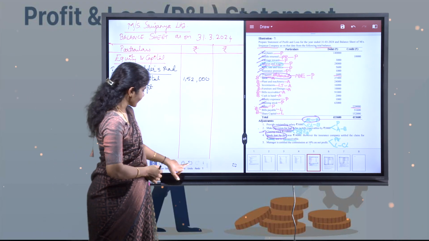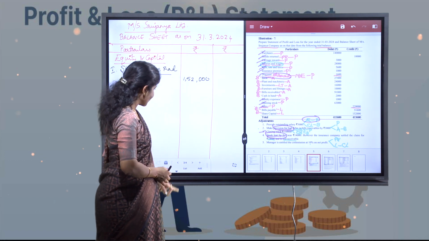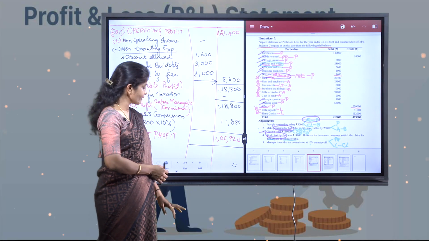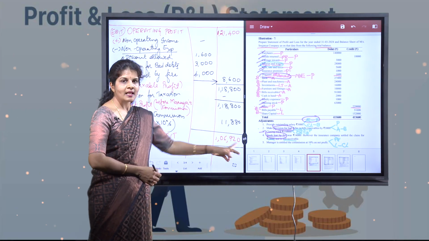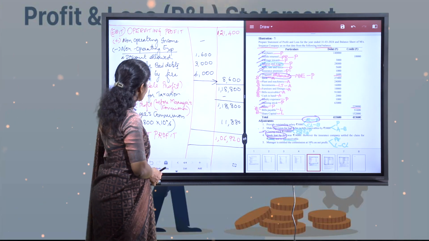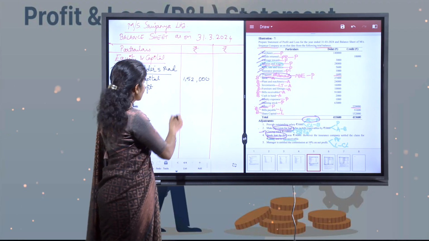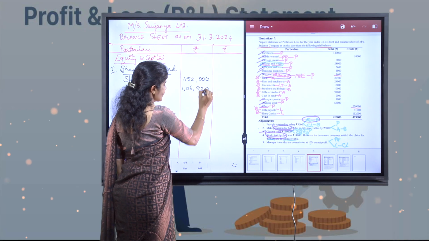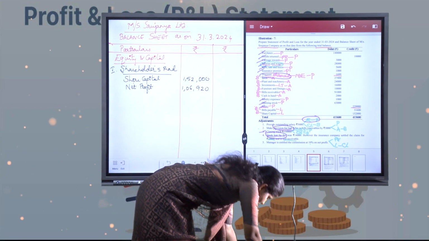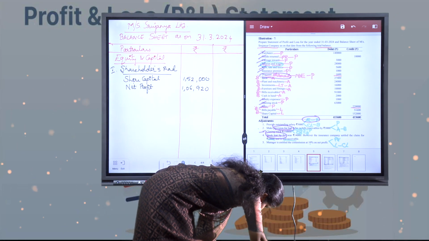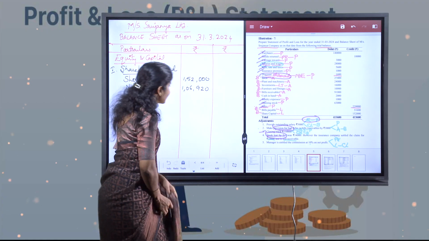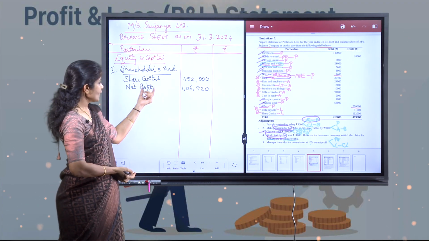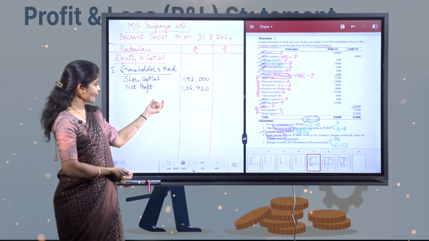The net profit, whatever we have calculated. See, on the previous page we have calculated the net profit, correct? That net profit belongs to the shareholders, so we need to take that, 1,06,920. So this net profit we have taken from the statement of profit and loss.